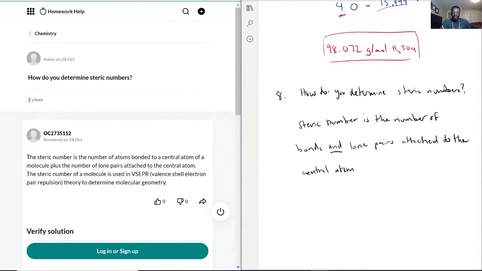Okay, so this right here is what a steric number is.